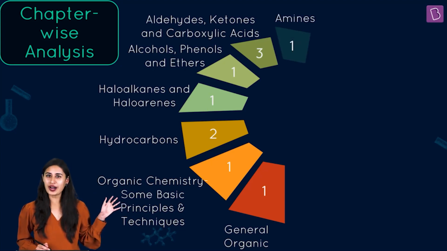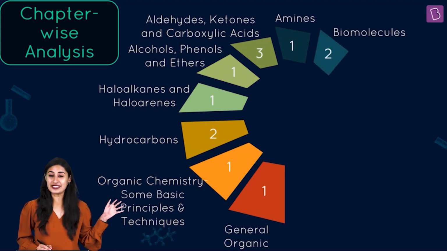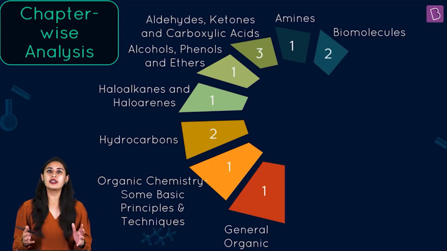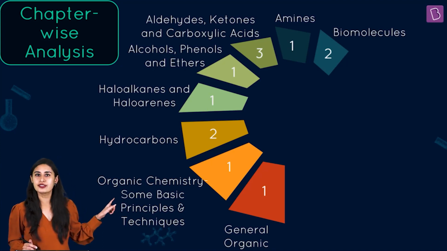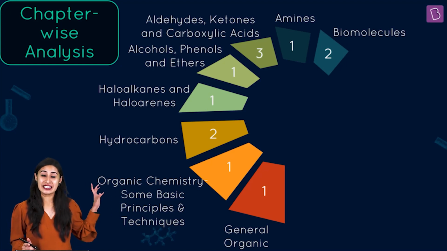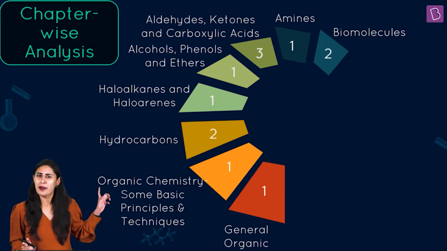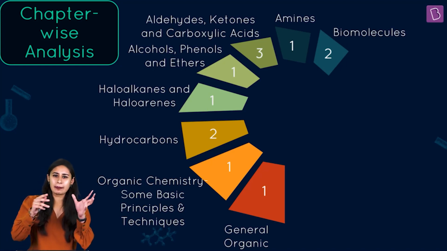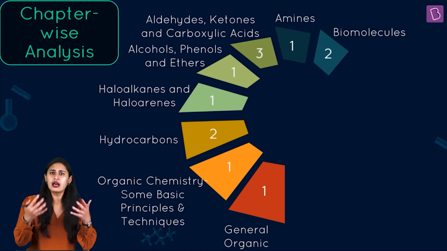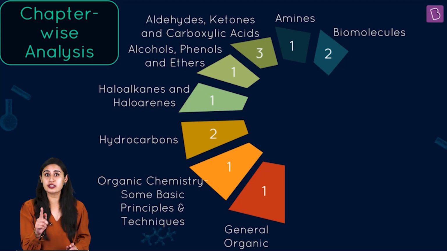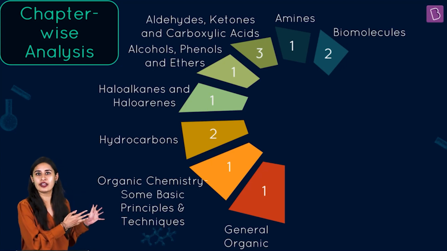Amines. 1 question. What else? Biomolecules, one of the very underestimated chapters but very important. 2 questions. Do not underestimate the power of these relevant chapters, but mostly these chapters come at the end, so they're neglected most of the time, but this is the key takeaway from the previous year question paper.